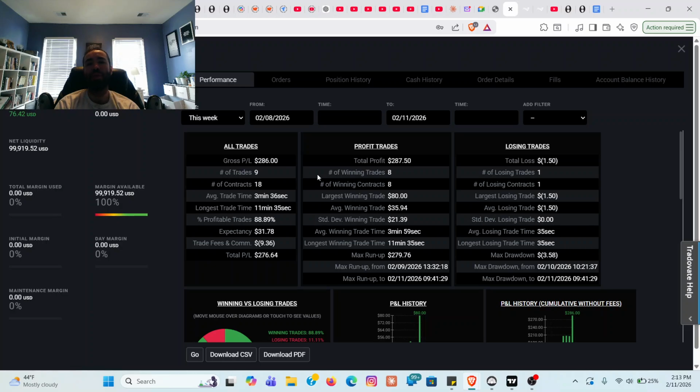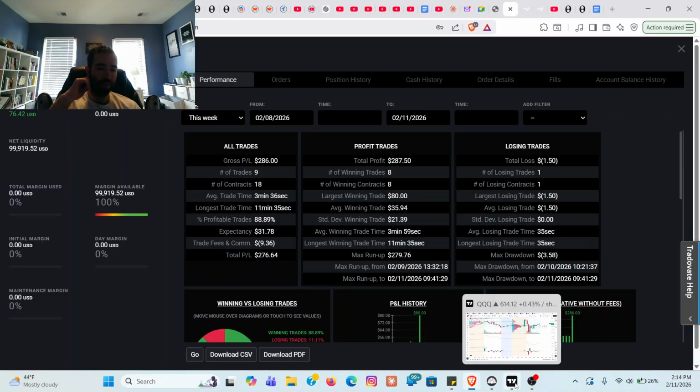You have to know, okay, I have an edge in this environment, let me trade a lot, versus I don't have an edge, let me hold back. So again, these results are very good. Tomorrow I'm expecting I'll do maybe 2 micros on QQQ and then 3 to 4 on SPY.